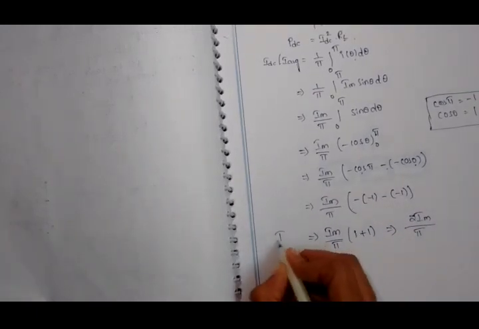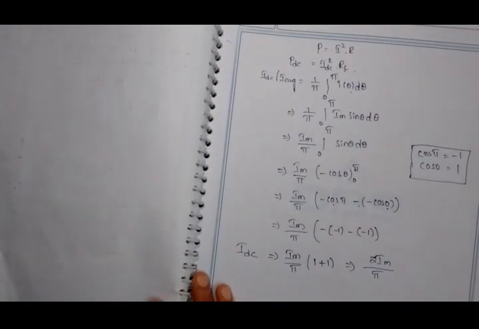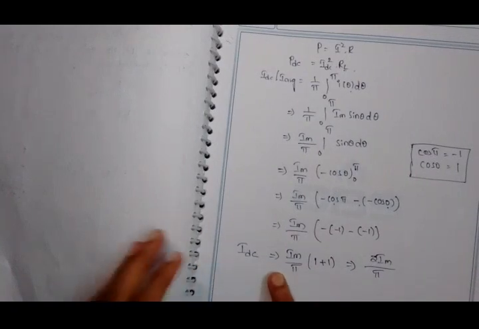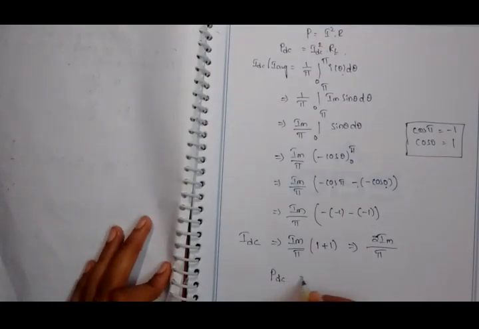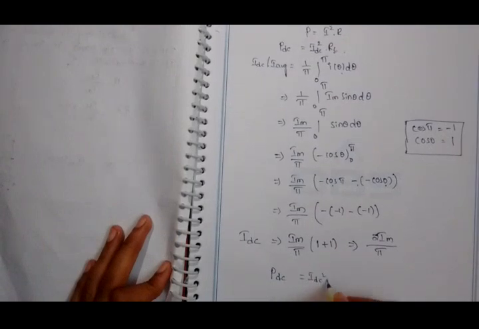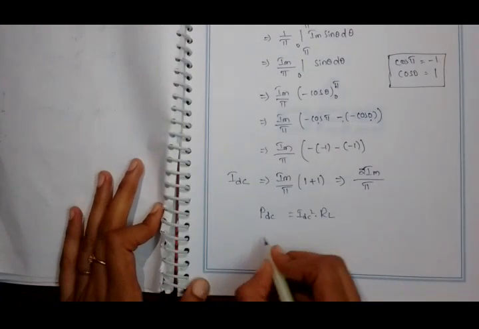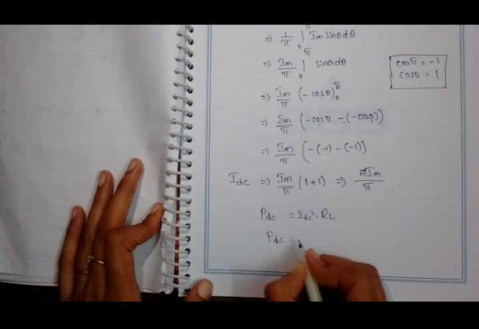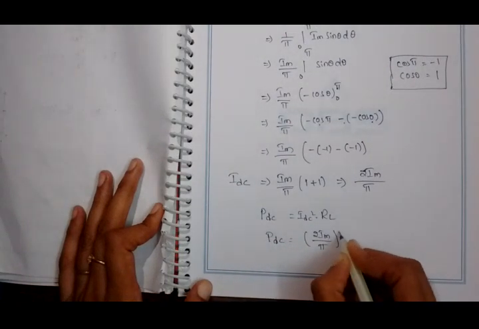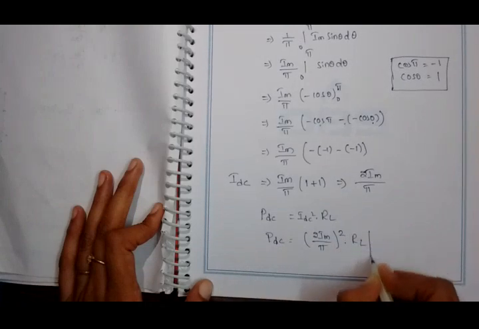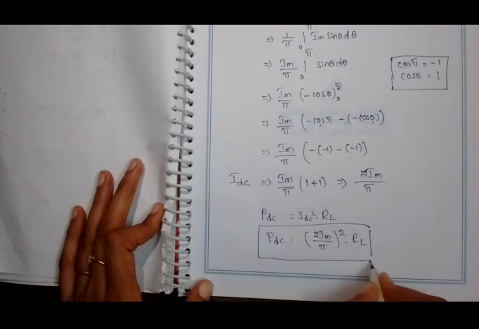It is our IDC value. So substitute this IDC value in PDC. PDC is equal to IDC square into RL. Then ultimately PDC is equal to 2Im by pi whole square into RL. So it is our PDC value.